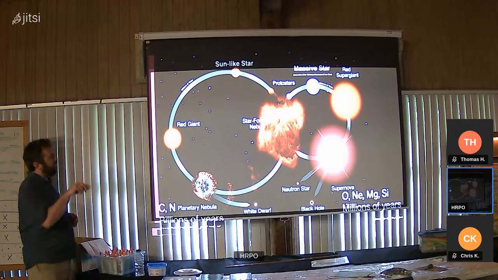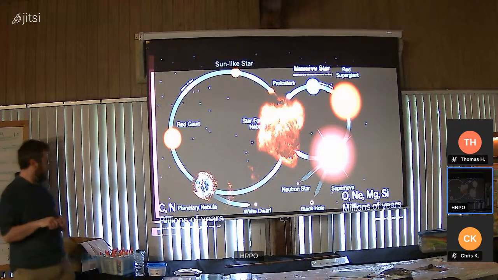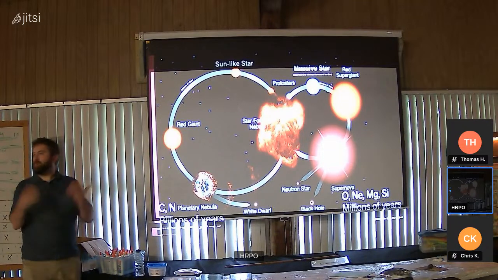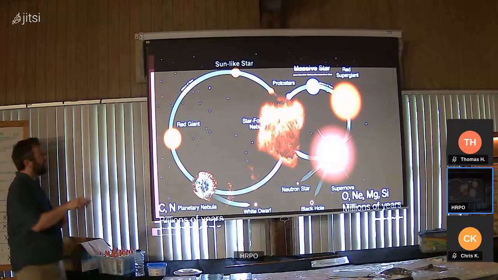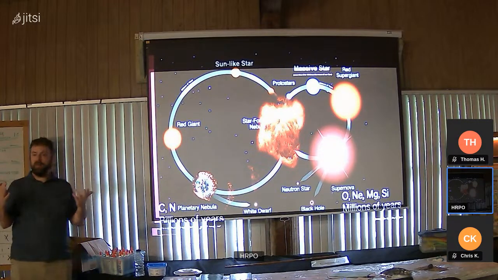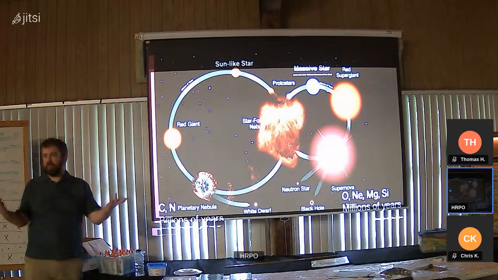And so this is a very old diagram at this point of the star formation cycle. You have a slightly different cycle for low mass stars to high mass stars. Low mass stars, of which the sun is one, live relatively quiet, long-lived lives. They burn their fuel slowly.